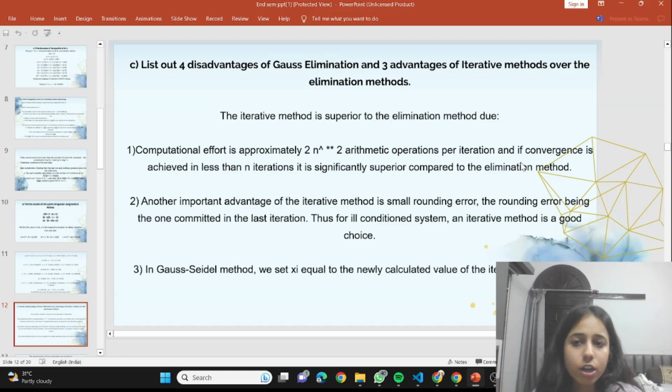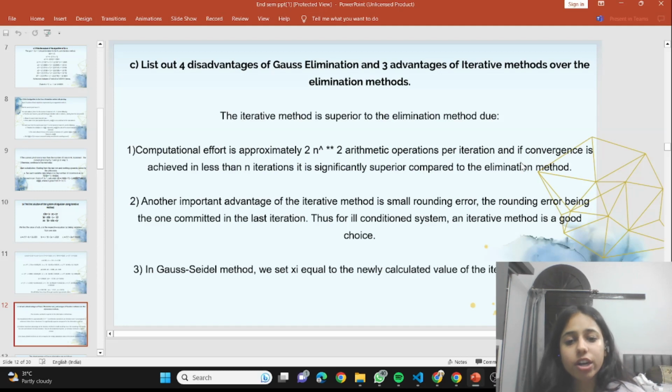Our third question is to list out 4 disadvantages of Gauss elimination and 3 advantages of iteration methods over the elimination method. The iterative method is superior to the elimination method due to: first, computational effort is approximately 2n squared arithmetic operations per iteration, and if convergence is achieved in less than n iterations, it is significantly superior compared to the elimination method.